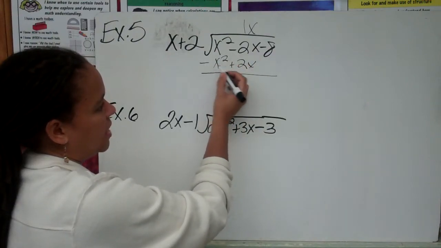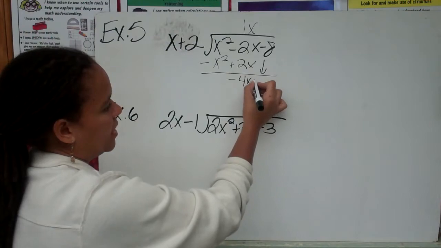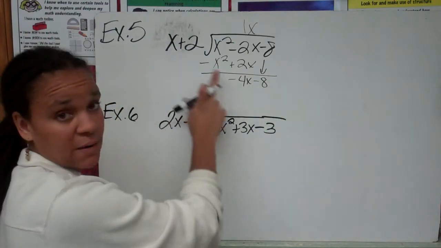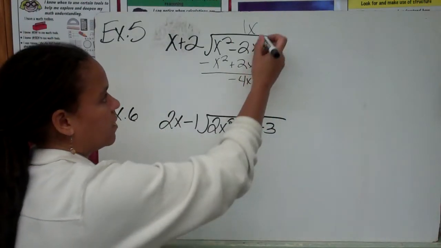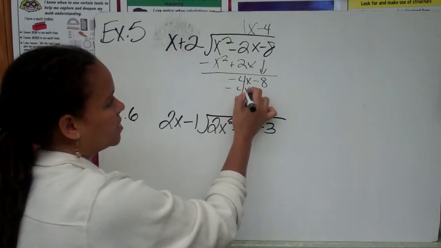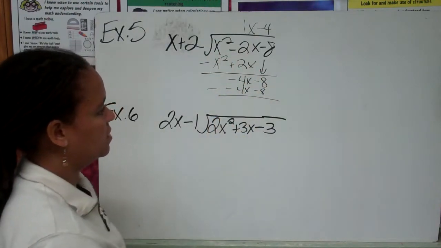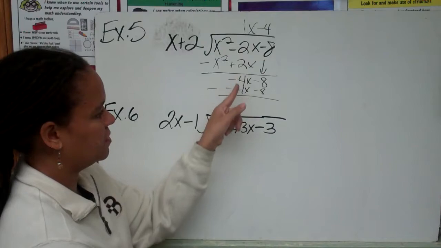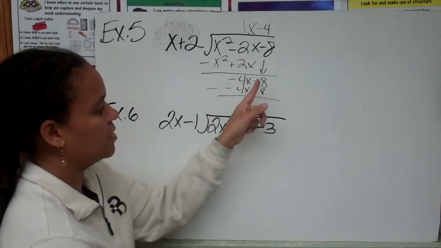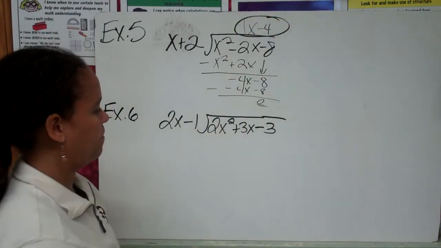Negative 2 minus 2, be careful, is negative 4x. Bring it down. What do I have to multiply x by to get negative 4x? Negative 4. So minus 4. Negative 4 times x is negative 4x. Negative 4 times 2 is negative 8. Subtract. Negative 4x minus negative 4x is 0. Negative 8 minus negative 8 is 0. So no remainder. This is our answer.